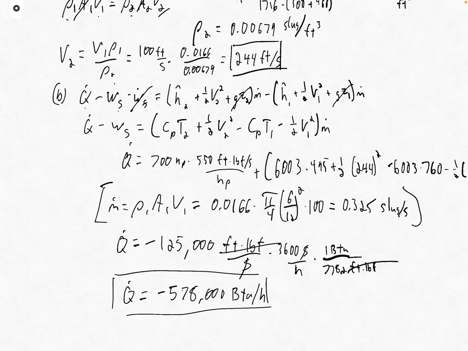And there we go. Another thing to note here is that we have a negative amount of heat being transferred. If we come back up here to our energy balance, remember that the sign convention states that positive work, for example, the shaft work term here being positive, means that we're getting work done out of the system, and positive heat represents heat being transferred into the system. So think like a boiler or something.